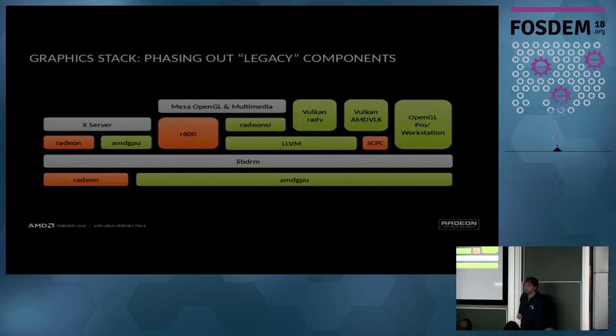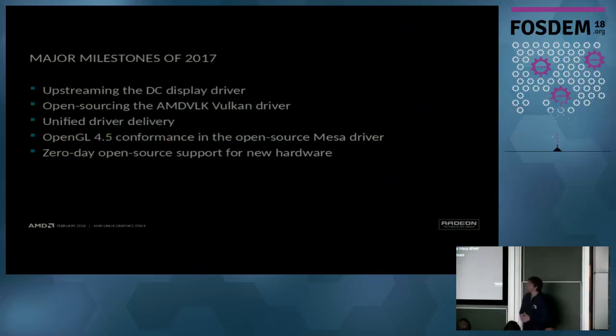Some major milestones of last year. There was a big story of upstreaming a new display driver in the AMD GPU kernel module called DC. There is the kind of Christmas present of open sourcing the Vulkan driver. There is something about package delivery that I will talk about later.